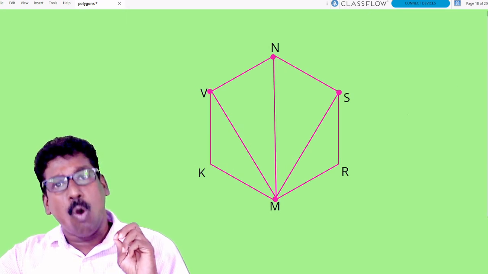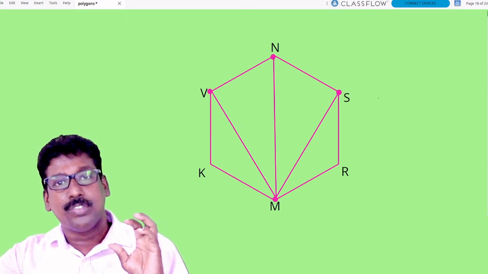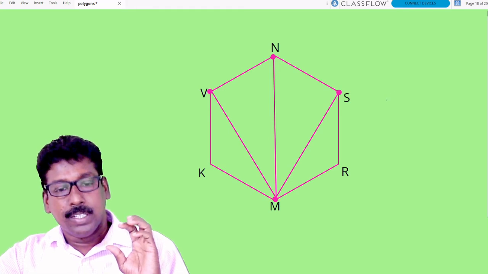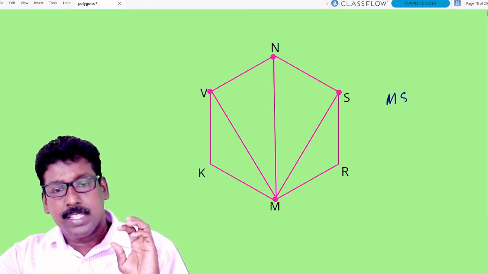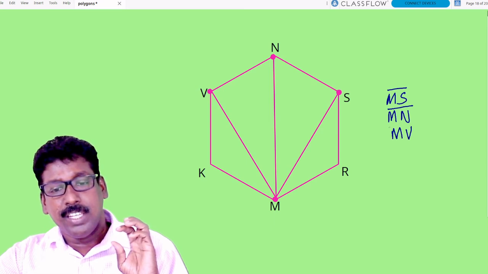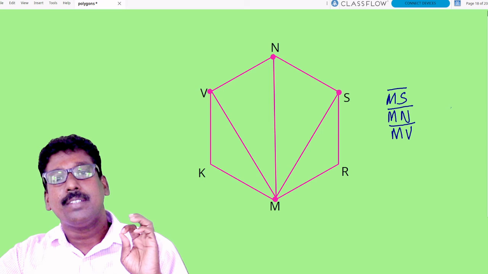These are all called diagonals of this polygon. That is, MS is a diagonal. Similarly, MN is another diagonal and MV is also a diagonal.